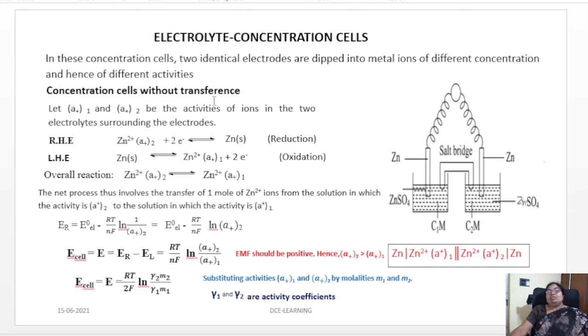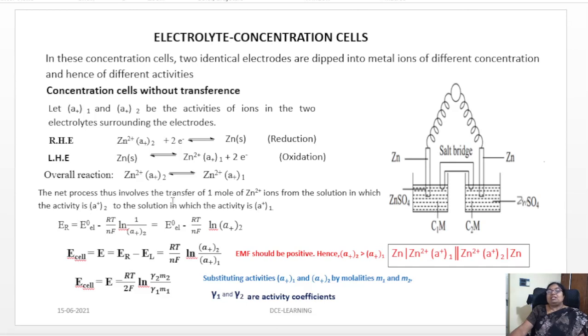In the concentration cell without transference, we take the activities of the ions of the two electrolytes surrounding the respective electrodes. One undergoes reduction and the other undergoes oxidation. The activity A1 is for the electrode that undergoes oxidation, and the activity A2 is for the electrode that undergoes reduction.